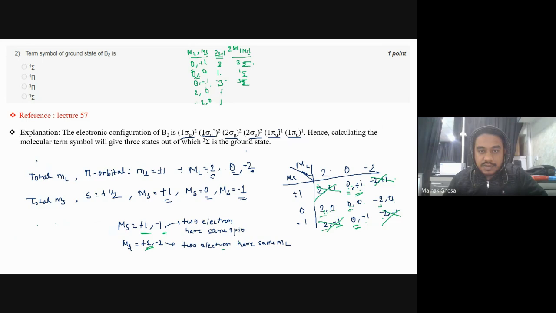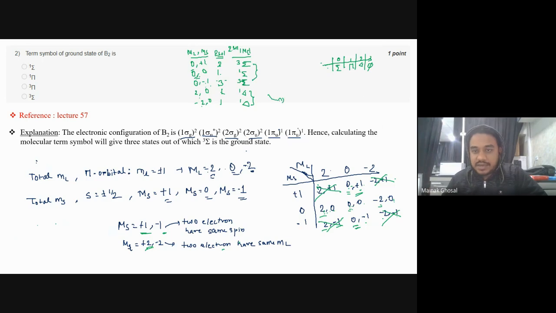Here ml is 2, meaning delta. The naming goes 0, 1, 2, 3: sigma, pi, delta, phi. So this will become 1 delta, mod 2, again 1 delta. So 1 delta state, 3 sigma state.